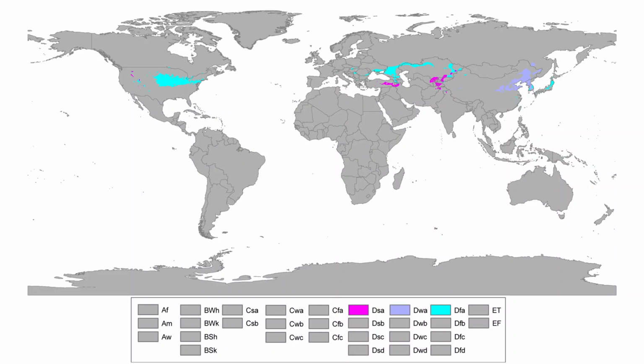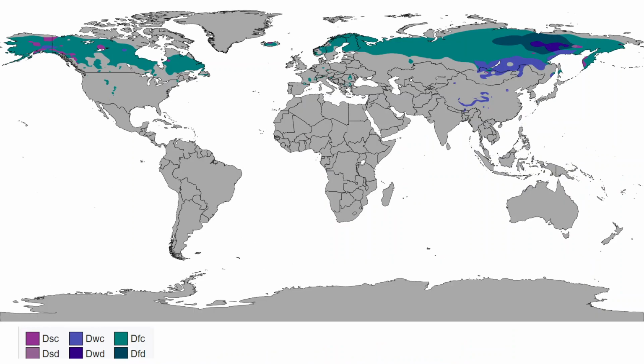Always remember, when A is there, it means warm, hot summers. When the summers have to be hot, it is common sense that they have to be at relatively lower latitudes. While B is warm summers where the temperature is slightly lower, then it has to be at a slightly higher latitude. And see this DSC, DWC, DFC, and DSD, DWD, and DFD.